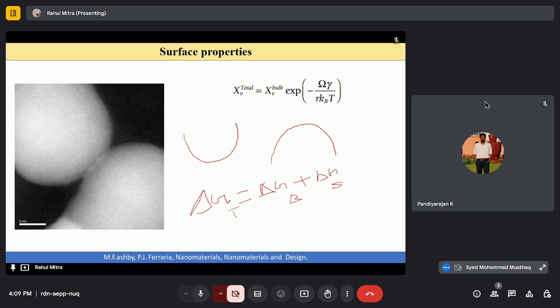Delta G bulk is already given. Excess is the free energy that is arising from the surface. Just like I defined in previous classes, delta G for surface will be the atomic volume, or the volume of a single atom, multiplied by the surface energy, divided by K.